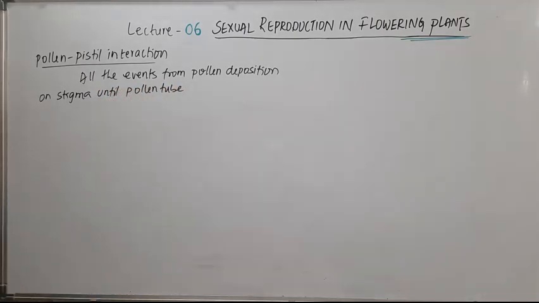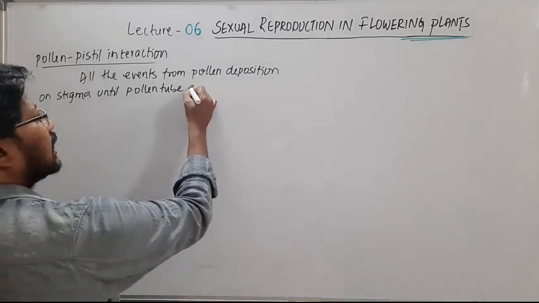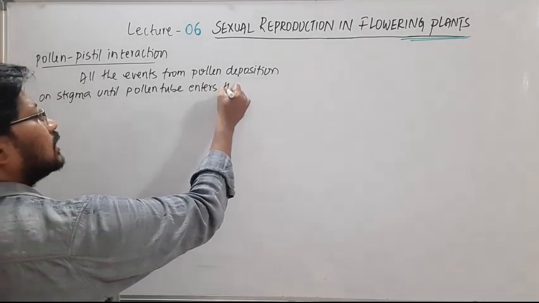So once the pollen deposits on the stigma, it gets germinated and results in the production of a pollen tube, and that pollen tube enters the ovule.